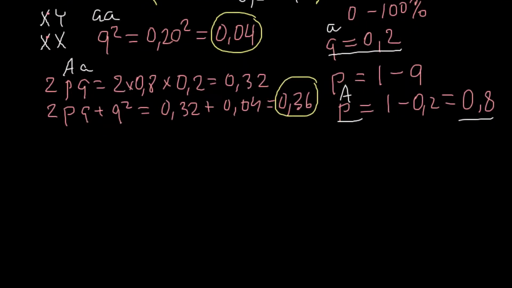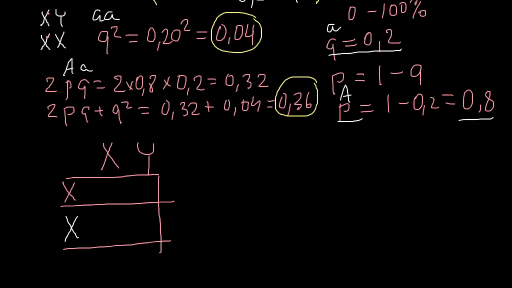So, for example, imagine that we have a normal male and a female that is heterozygous for this genetic disorder and would belong to this group. When we build a Punnett square, we would see that 50% of such a cross, of course, would be females and 50% would be males.